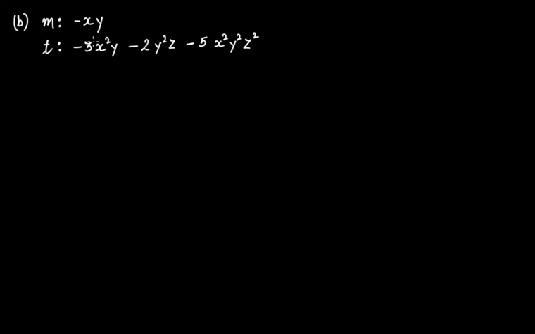One thing I always suggest to students is to first convert it like this. If this is minus 3x squared y, write this as minus 3x squared y, then write plus, and within the bracket 2y squared z plus minus 5x squared y squared z squared.